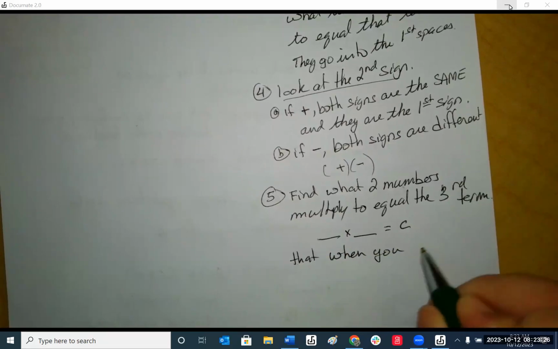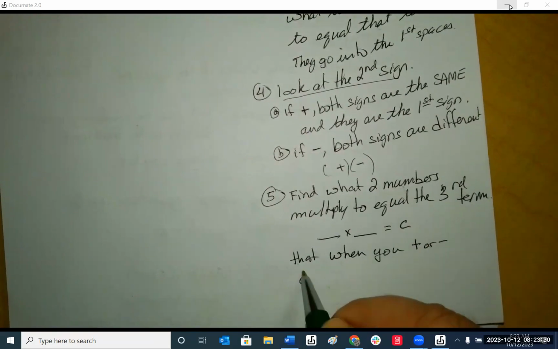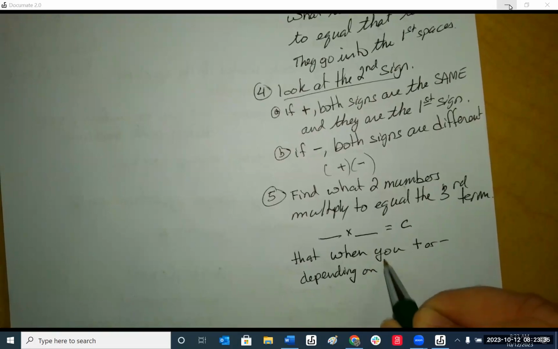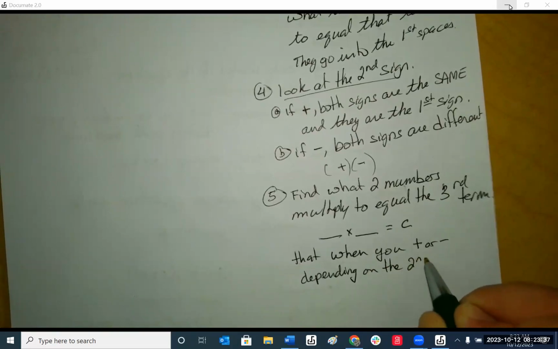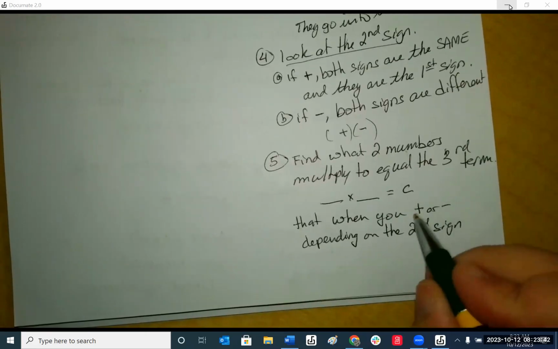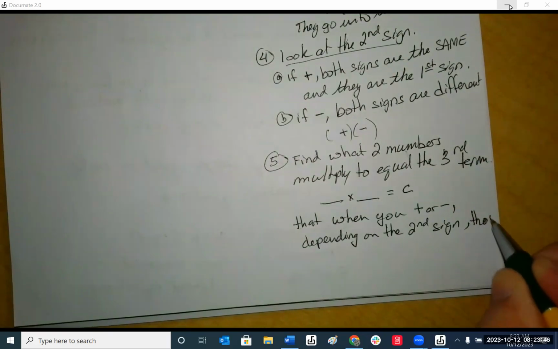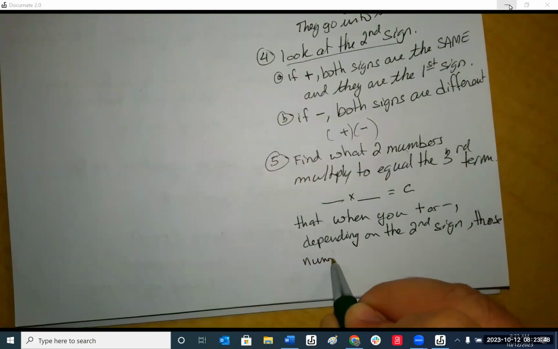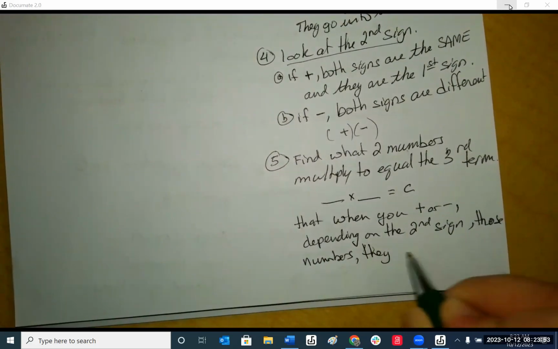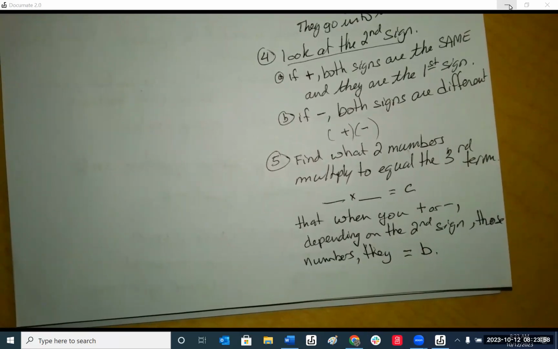That when you add or subtract, depending on the second sign, those numbers, they equal the middle number.